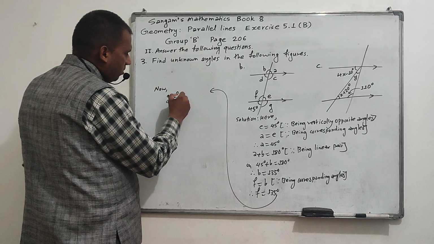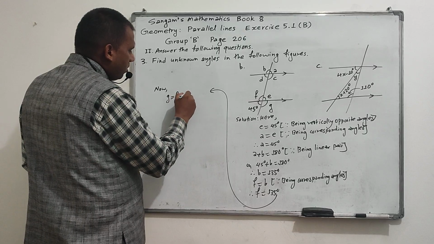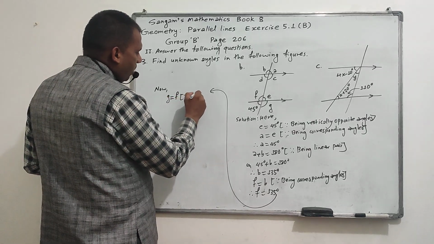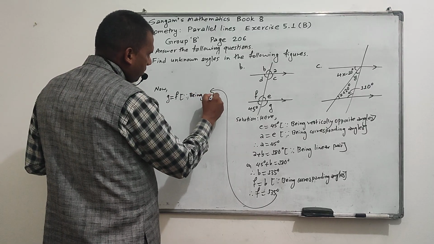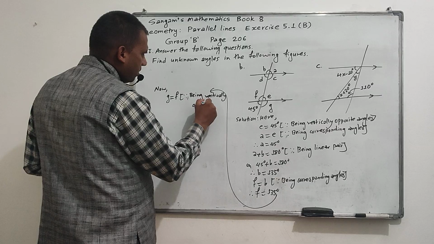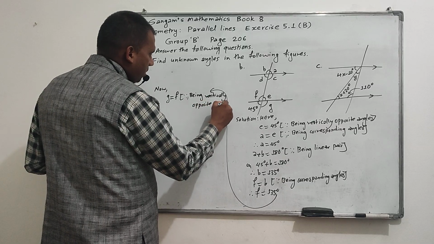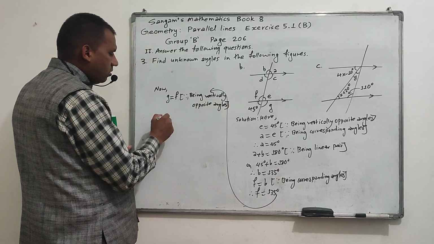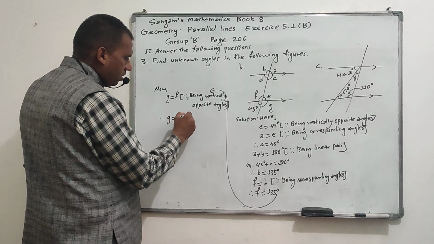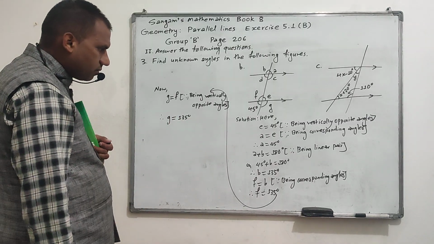When F is 135, then F and G are vertically opposite angles, so G equals F, being vertically opposite angles, therefore G equals 135 degrees.